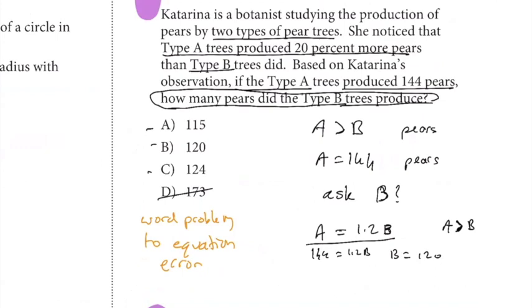So actually the root cause is not a word problem to equation, the root cause is working with words like greater than, less than, equal to, etc. So like word versions of this. So I'll show you what I came up with.